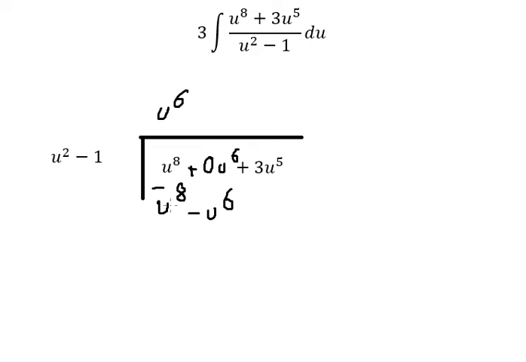We subtract the two equations in here. U to the power of 8 minus u to the power of 8, they cancel. Number 0 minus negative u to the power of 6, we will have positive u to the power of 6.